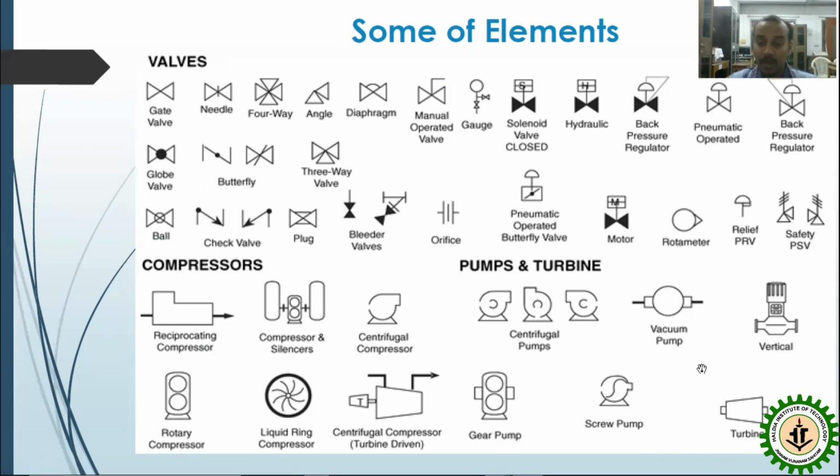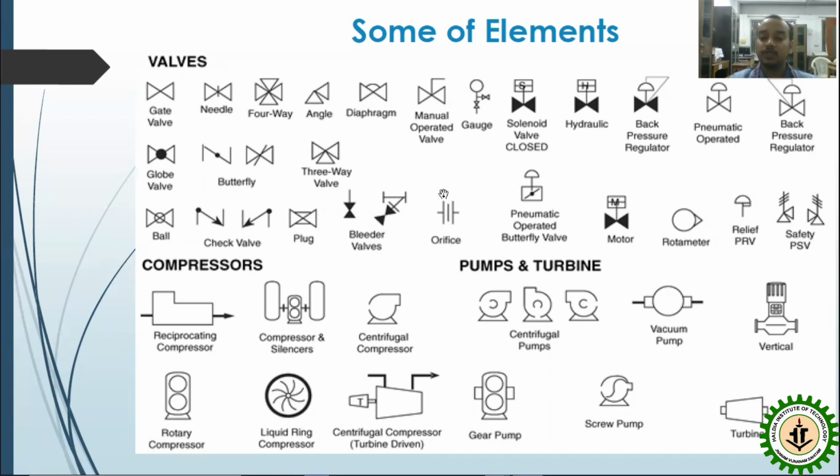If we are talking about a turbine, centrifugal pumps, or a rotary compressor, then all the representations will be different from each other. So if I put one of the symbolic representations into my P&ID diagram, it can easily be identified that this is the representation of the orifice, nothing else.